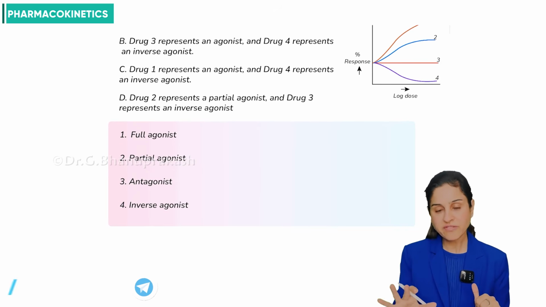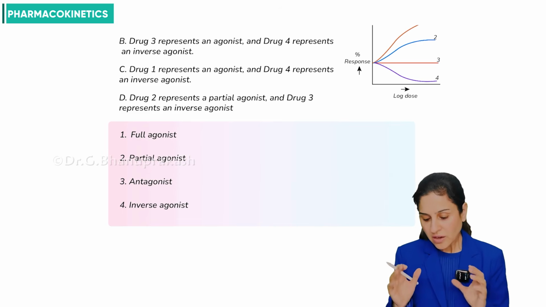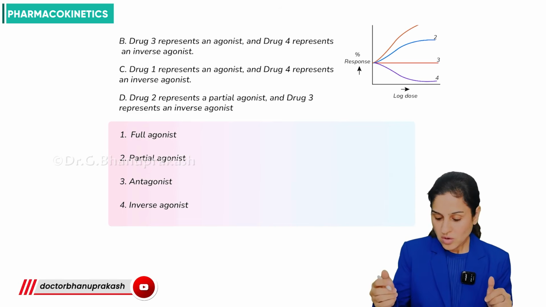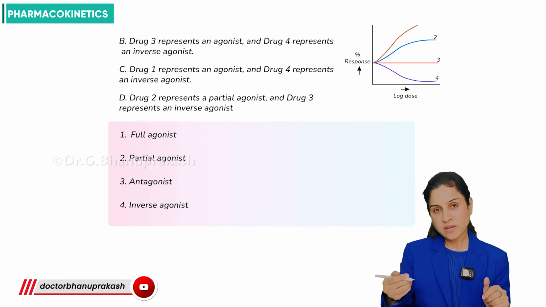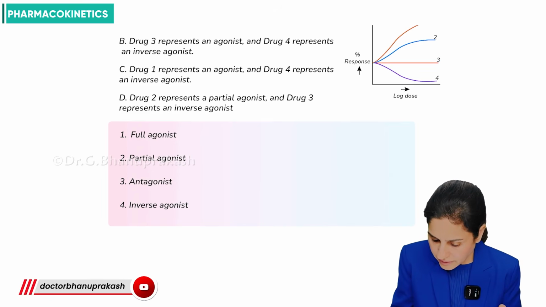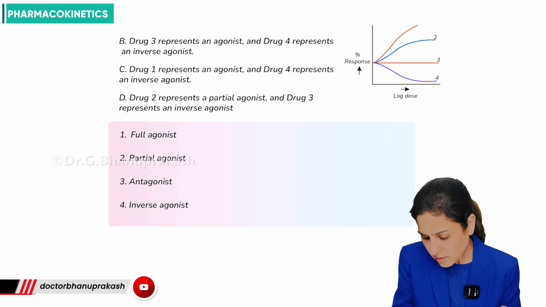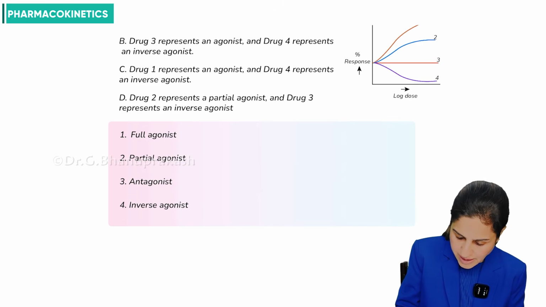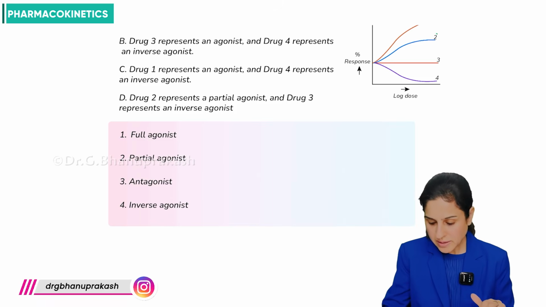So first, to identify what is wrong and what is right, we first need to have a basic understanding of these curves. What is 1, what is 2, what is 3, what is 4. So you see here curve 1, this is getting you almost the maximal response, right? So we say this has a maximal response as compared to the others.